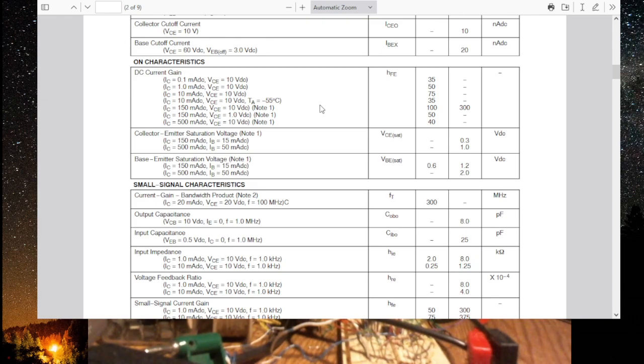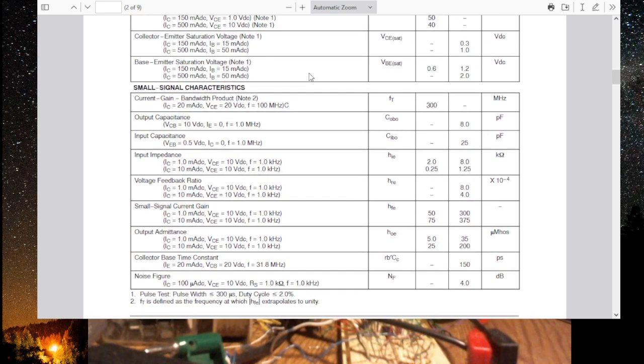I'm specifically interested in the input impedance and output impedance at certain frequencies. So this has a range of 300 megahertz. Output capacitance 8 picofarads at 1 megahertz, and this is all audio, by the way.